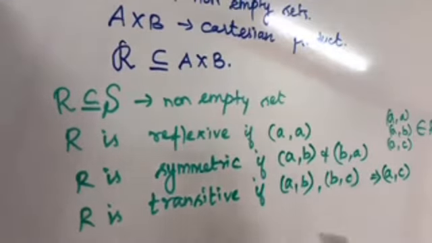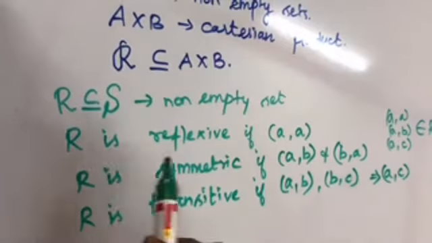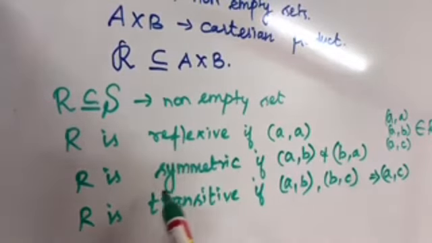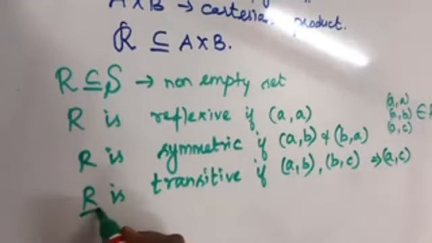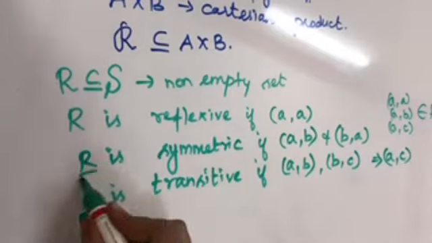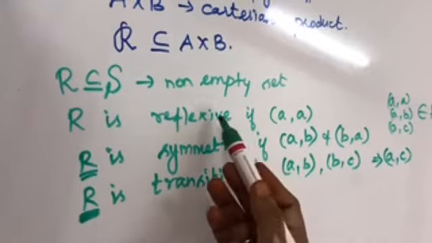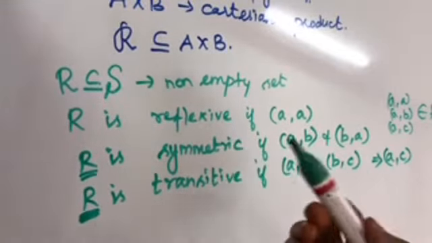So here we saw three relations: reflexive relation, symmetric relation, and transitive relation. This relation R may sometimes satisfy one relation and may not satisfy another.